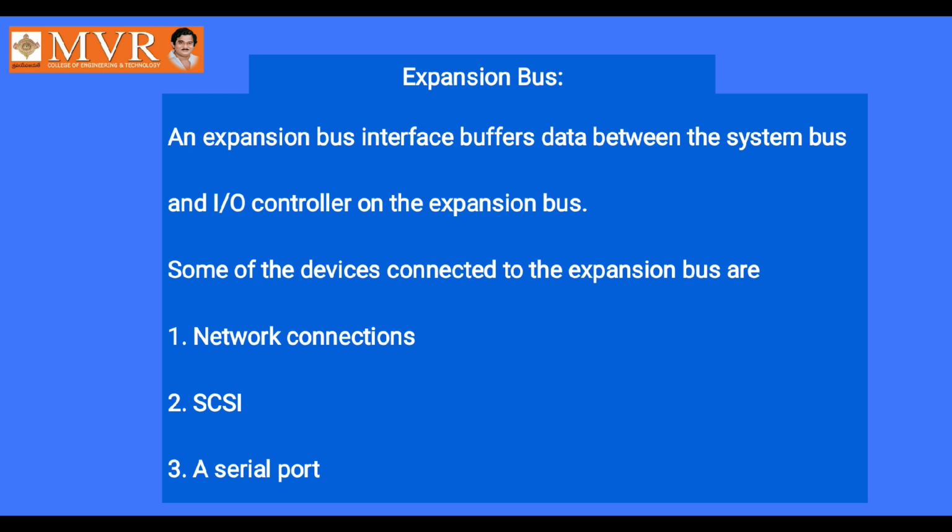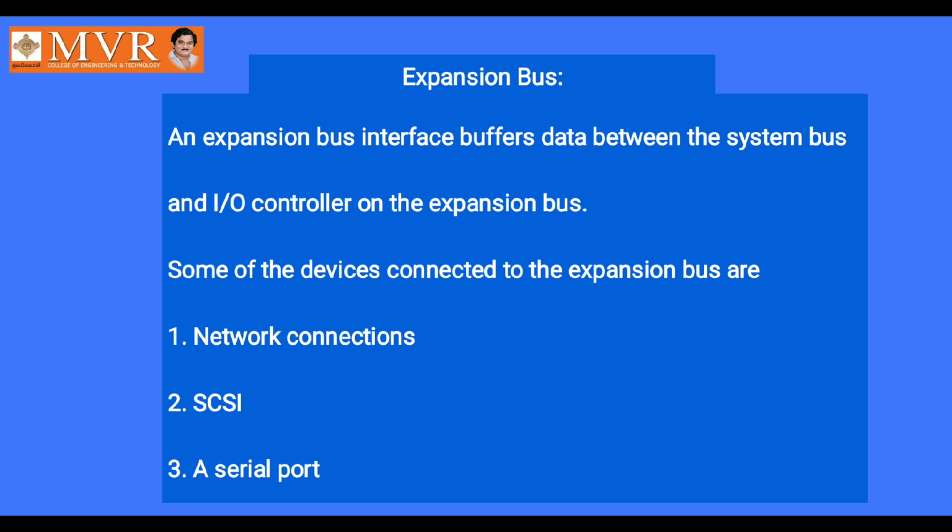Some of the devices connected to this expansion bus, as we just discussed, are network connections like LAN, WAN, MAN: local area network, wide area network, metropolitan area network, etc. And the next device connected is the small computer system interface, SCSI.